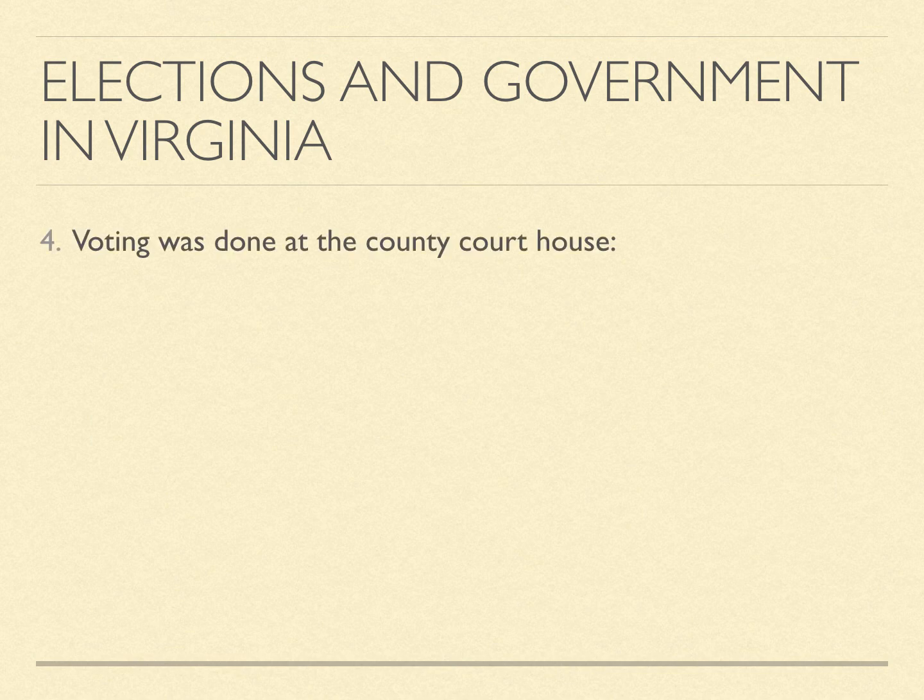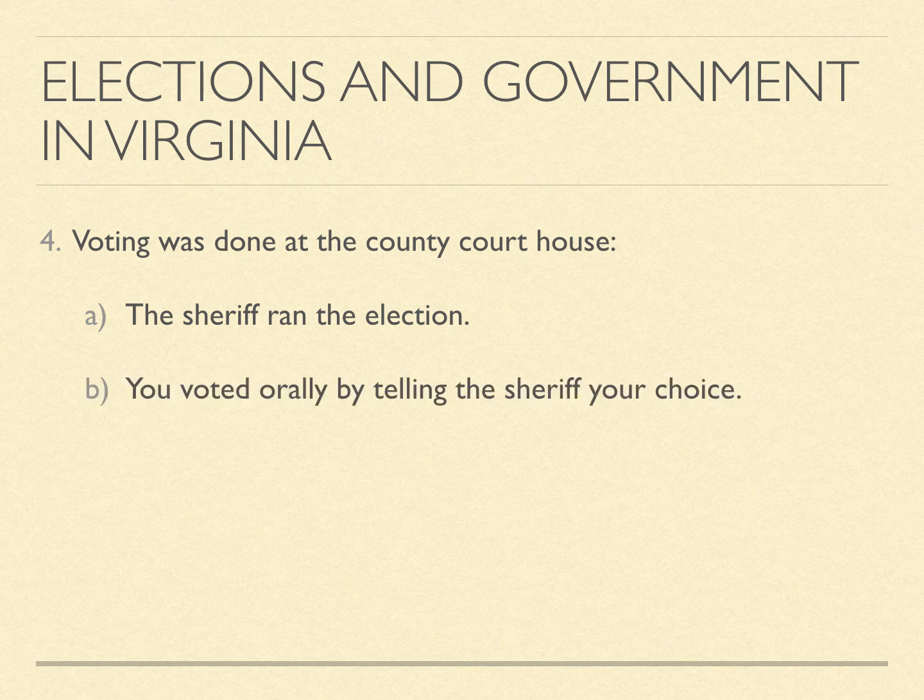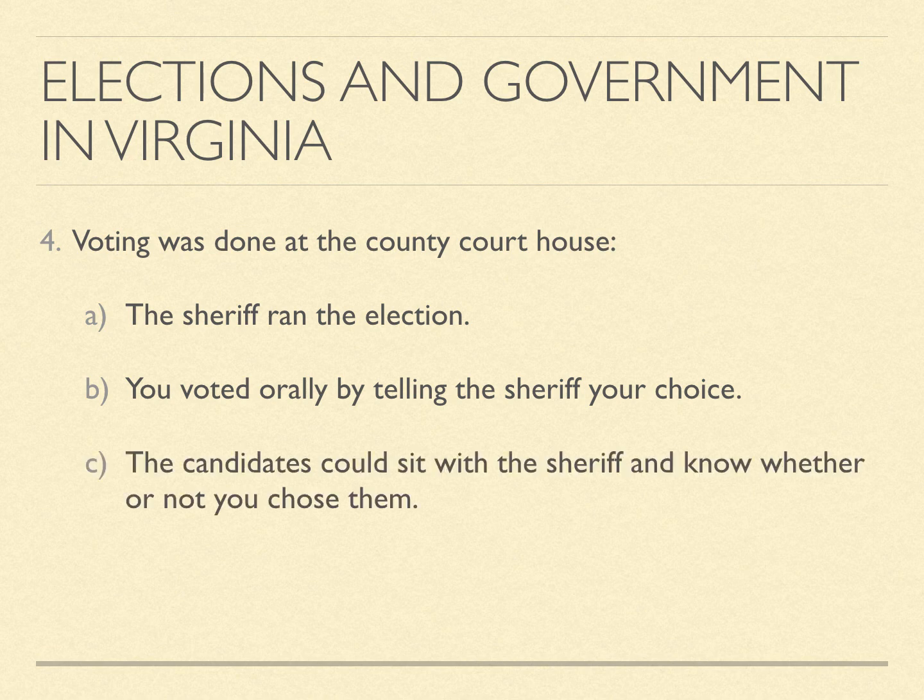Voting was done at the county courthouse, and it was run by the sheriff of the county. As opposed to turning in a ballot like you saw in that painting, originally what you had to do was speak out loud to the sheriff who you were voting for. This could get kind of awkward because oftentimes the candidates were sitting with the sheriff, so they knew exactly who was and was not voting for them.